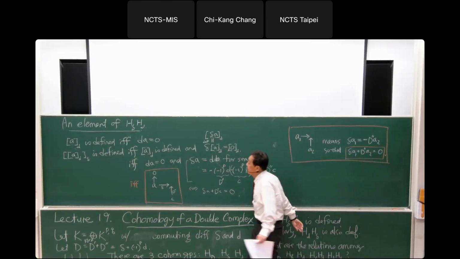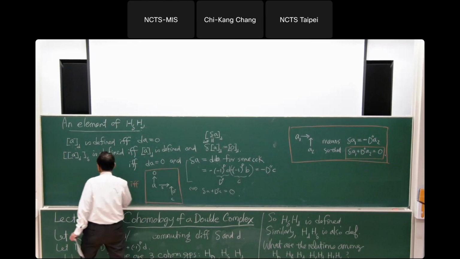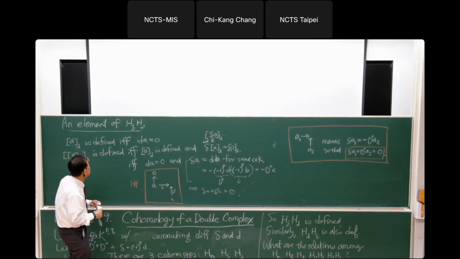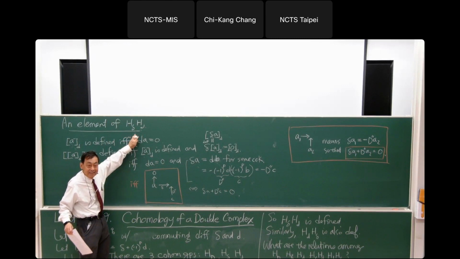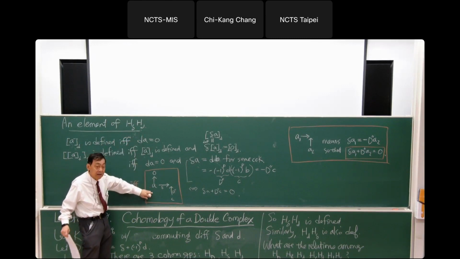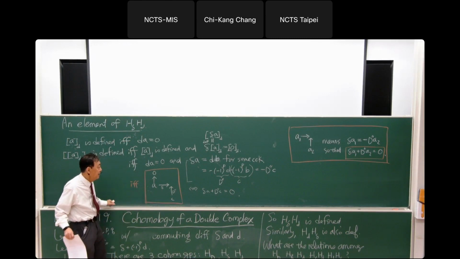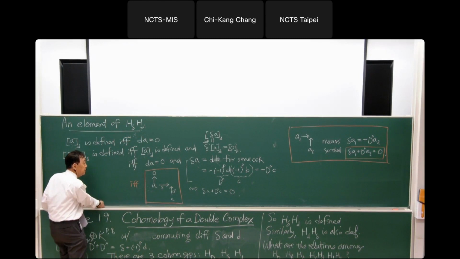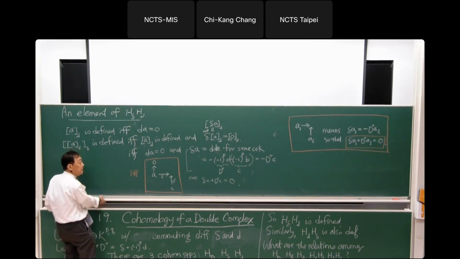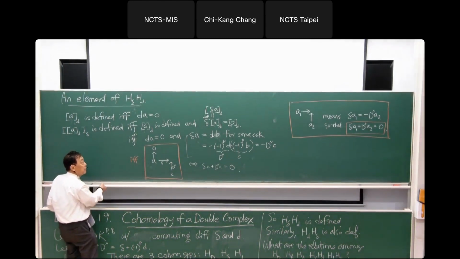All right? Okay. So now we know what an element of H delta HD looks like. It's represented by a zigzag like this. Okay? It's very important to see these things pictorially.